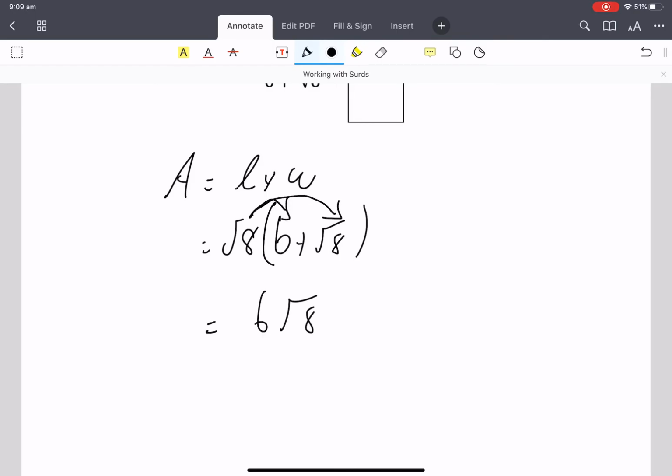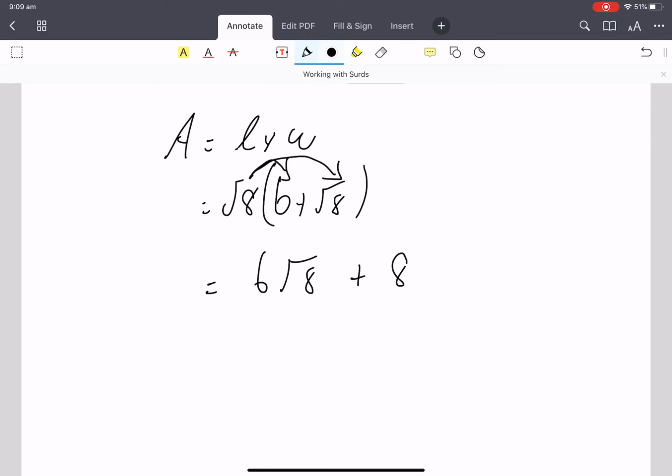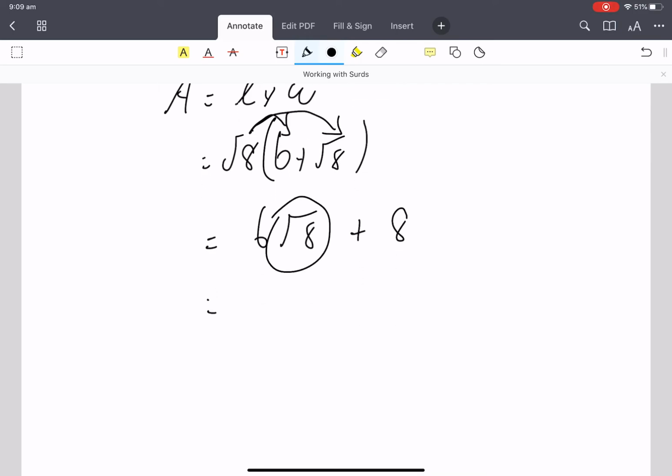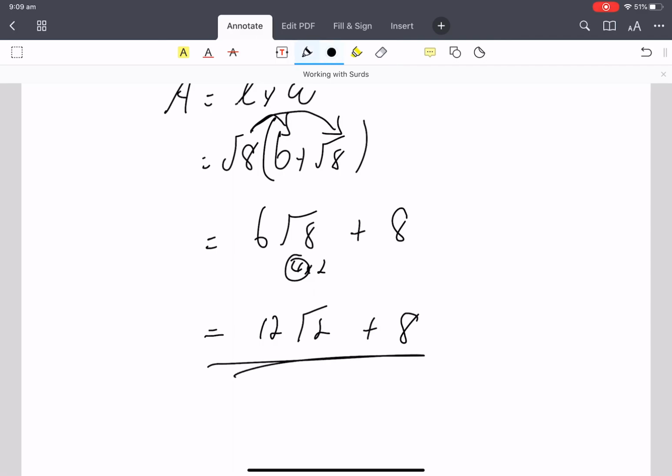Root 8 times root 8 is just 8. Let's simplify that. 8 is 4 times 2. That's going to be 2. 12 root 2 plus 8. That's a bit messy. Okay, have some fun playing with surds.